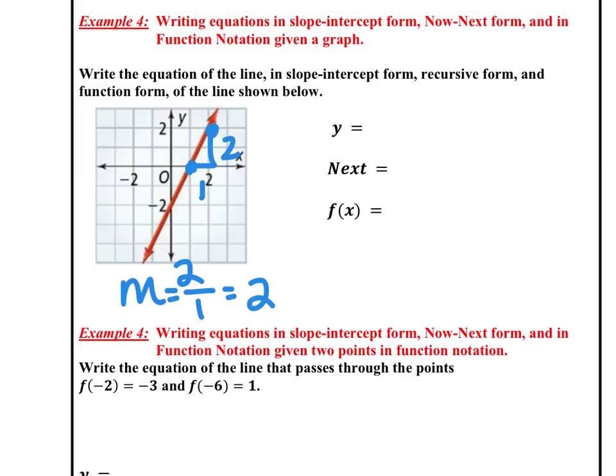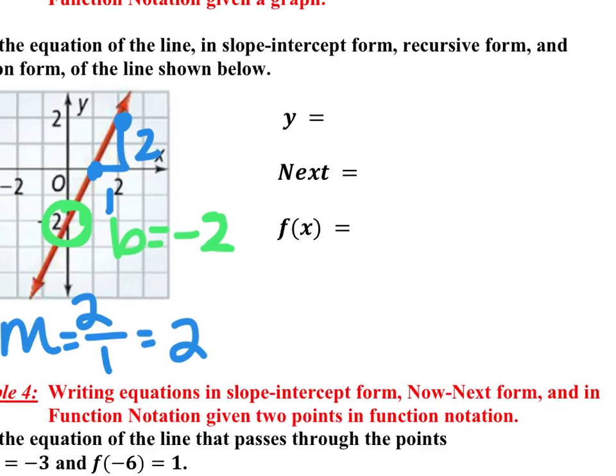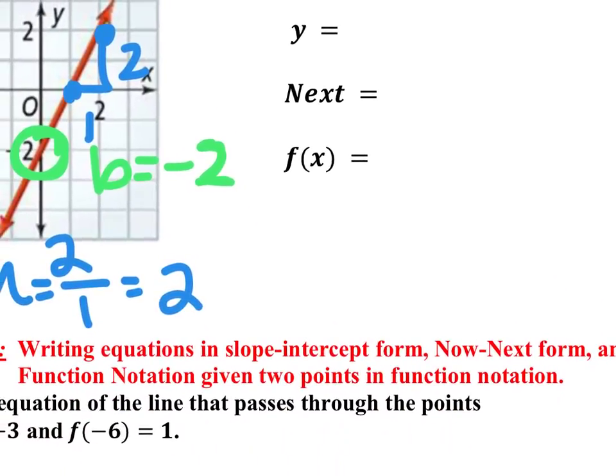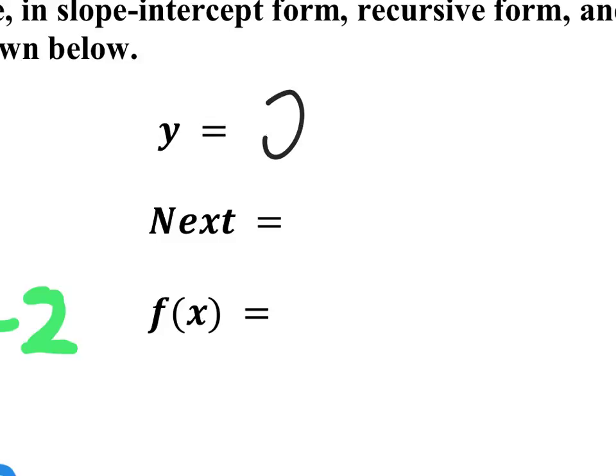Now my y-intercept is right here at negative 2. That's where the line crosses the y-axis. We have our 2 pieces of information. We know our slope is 2 and our y-intercept is negative 2, our starting point. Let's go ahead and write our three forms. y equals 2x minus 2.